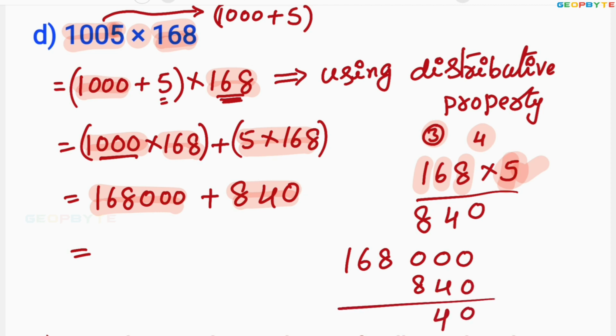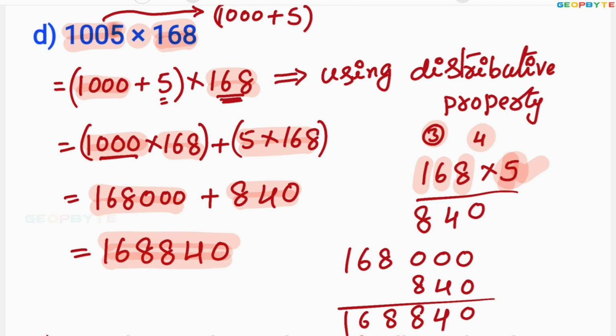The answer is 168840. 168840 is the value of 168 multiplied by 1005. I hope you understood very clearly.